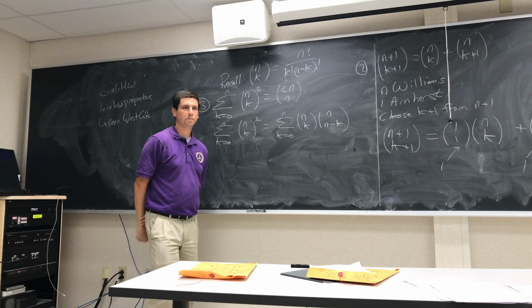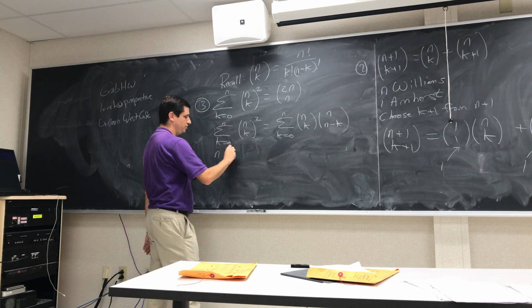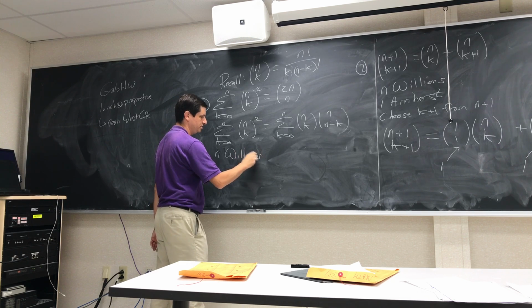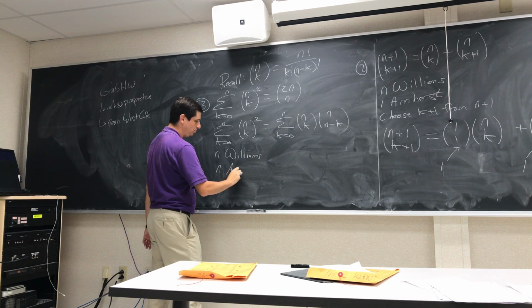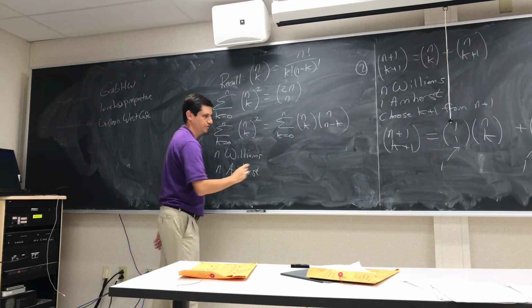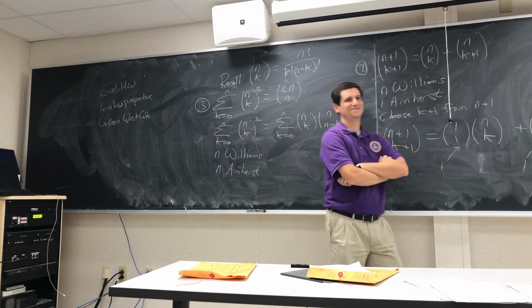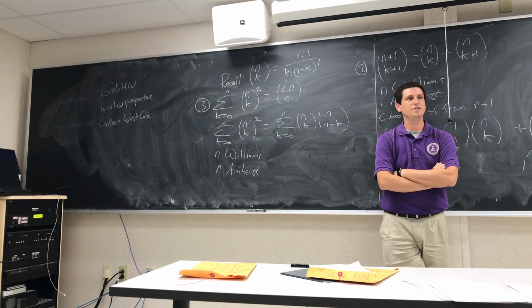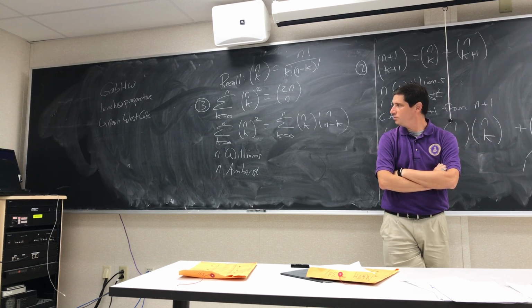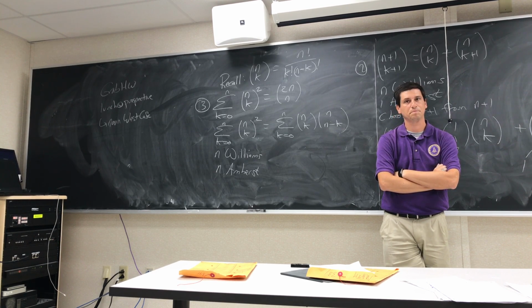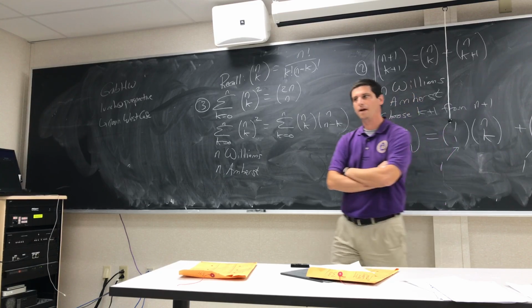Imagine we have n smart students, I could just say n Williams students, and we have n people from some school that need a little extra tutoring. And we're going to look at ways to pair things. And now I'm going to form a group of n people.